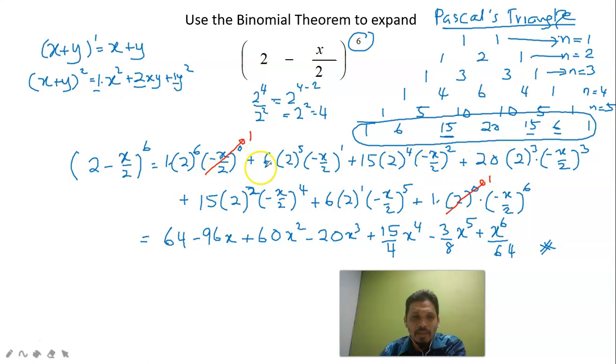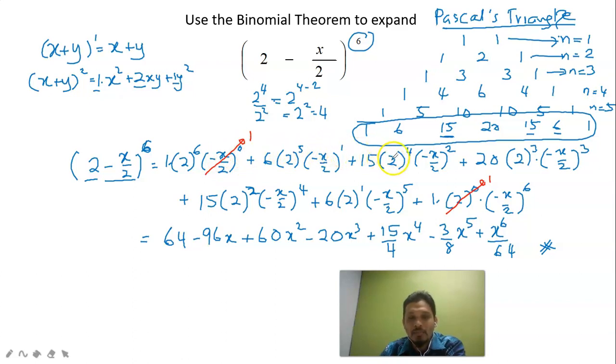I forgot something. First, we got 2 to the power of 6 and negative x over 2 to the power of 0. The idea is, this is the first term and this is the second term. The first term begins with the highest n, which is 6 here, and negative x over 2 to the power of 0. Then the 2 from 6 reduces to 5, and negative x over 2 from 0 increases to 1.